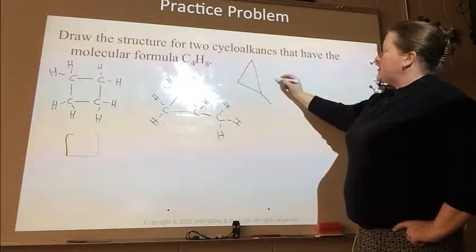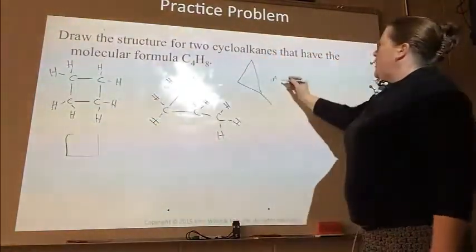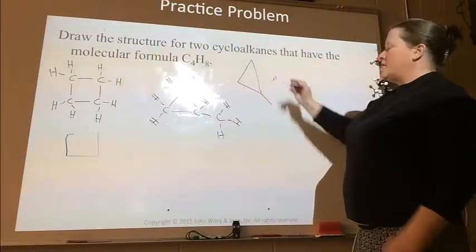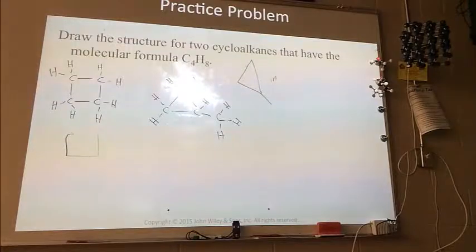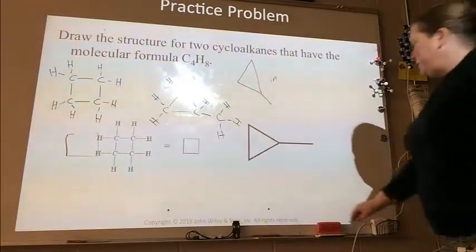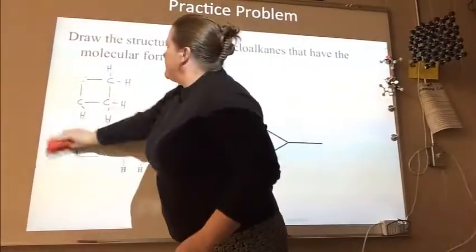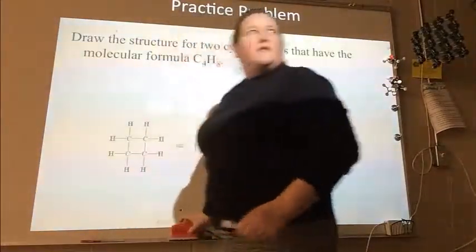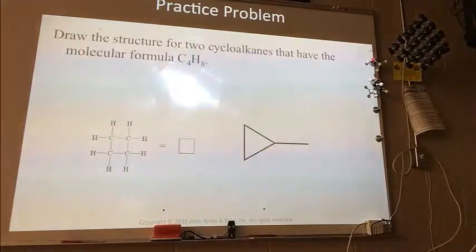So we would call this cyclobutane, and we would call this methylcyclopropane. And those are the same two pictures that are on here. So, I'm just going to get through this slide presentation and then we'll take a break.